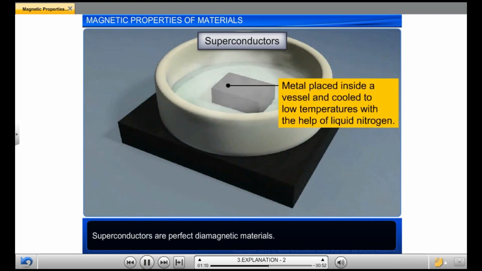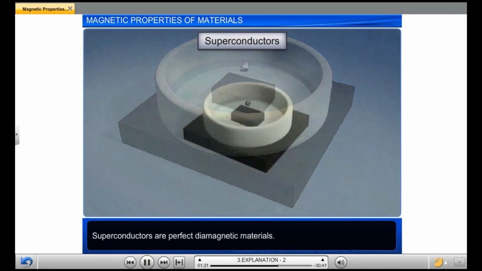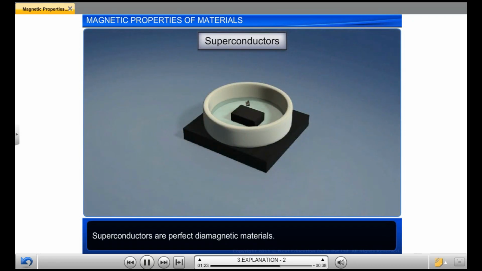When a material is cooled below its transition temperature, it becomes a superconductor. In the superconducting state, the material behaves as a perfect conductor of electricity and a perfect diamagnetic material.